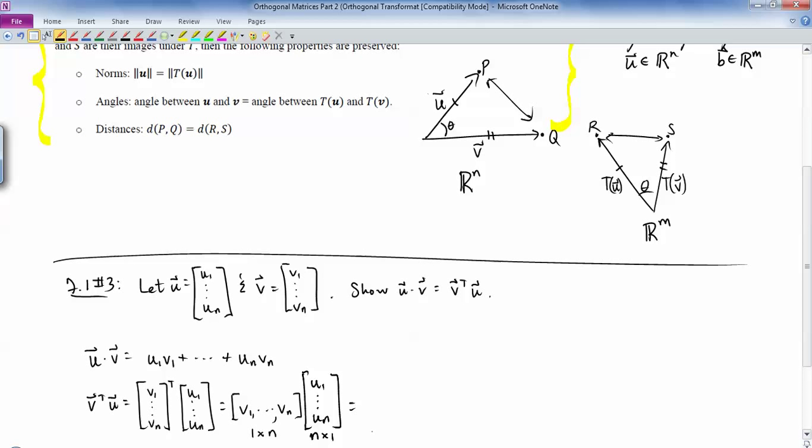And so I end up with a 1 by 1 matrix, which is really just a single number, and that number is going to be v1 times u1 plus dot dot dot plus vn times un, and that number ends up being the same thing as u1 v1 plus dot dot dot plus un vn, and that's the same thing as u dot v.